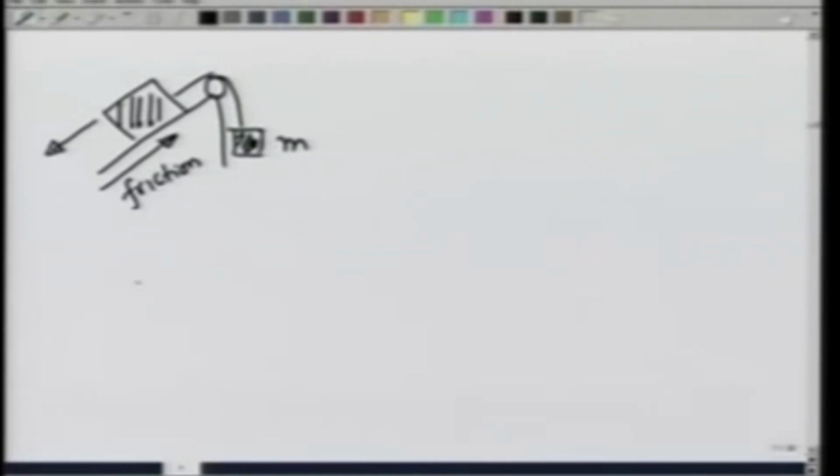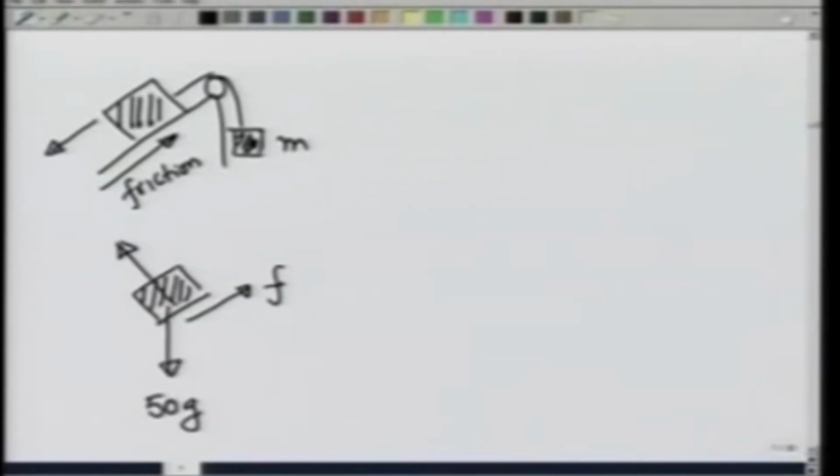Let us see how. So, this mass of 50 kg now, if I make a free body diagram, has a frictional force, let me call it small f, acting up the plane. There is 50 g pulling it down, a normal reaction N, and a tension T pulling it up.